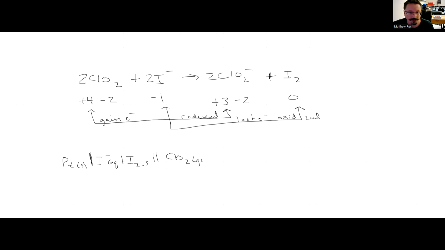So we've got that gas. Phase barrier then to the aqueous component, or vice versa. Could be the aqueous part first, then the gas. This is also not a solid, not conductive. So in terms of the actual cathode, the electrode there, again, we would pick something conductive like platinum. So this should be your cell notation for that particular redox reaction.